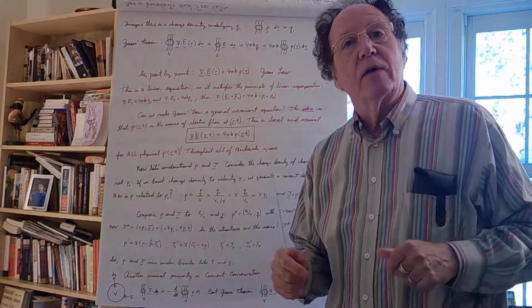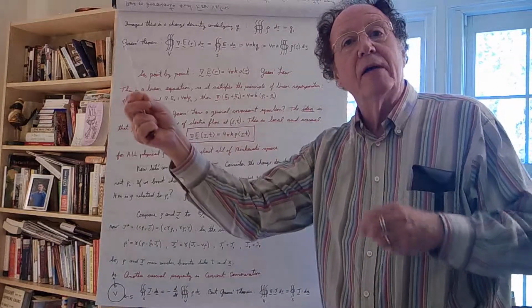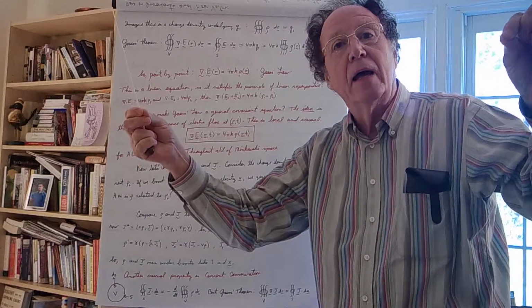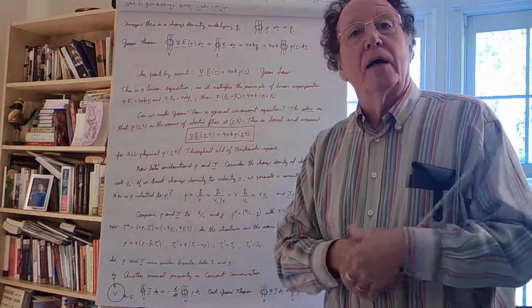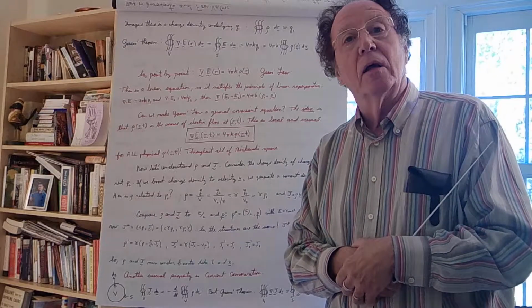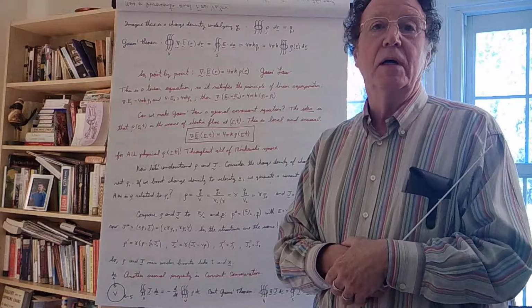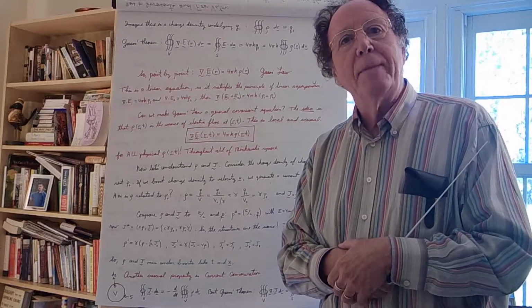I could ask more difficult questions, perhaps. Perhaps I have a charge density moving along here, and I measure the electric field outside, away from that charge density. In other words, I try to solve the differential equation and get the long distance behavior like we did for Coulomb's law. Well, that's much more complicated, right?